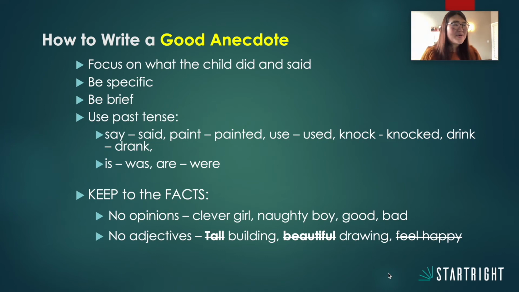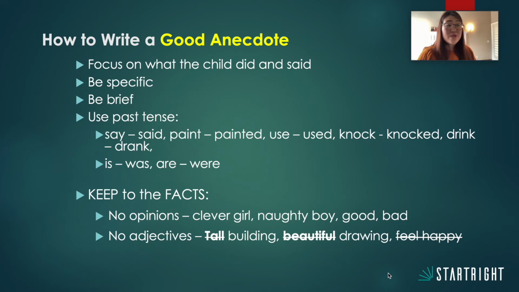Okay? I don't know why I got so excited, and my script is saying, sing so loud until my ear pain. Dance so hard, excited, gila. So all these terms, don't put in your anecdotes because these are opinions. Just say he sang. He danced. Okay? If the child is happy, we are not going to write in our anecdote that the child is happy.